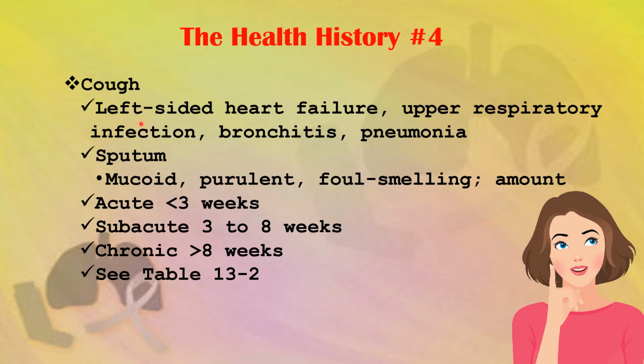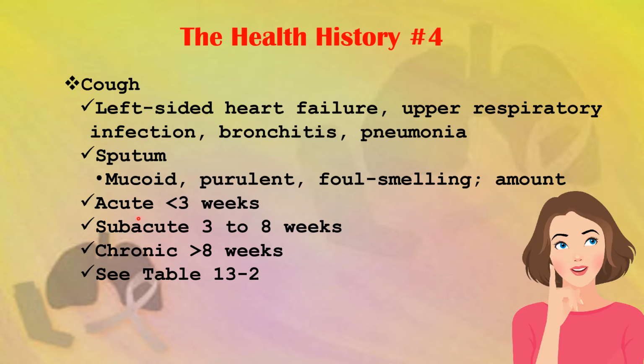Cough may be related to left-sided heart failure, upper respiratory infection, bronchitis, and pneumonia. You have to take note of the sputum. Is it mucoid, purulent, foul-smelling? You have to check the amount of mucus.